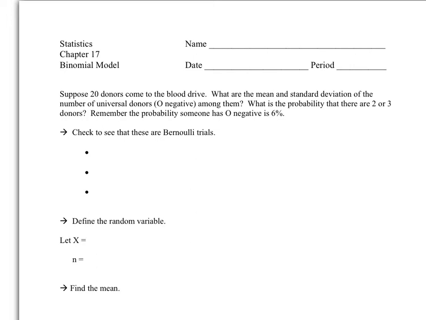So the difference here is that we have 20 donors. So we know how many people are coming to our blood drive. Again, we have to check to see that these are Bernoulli trials. So we have 2 outcomes, which is a success and a failure. So success is O negative, and a failure is not O negative.